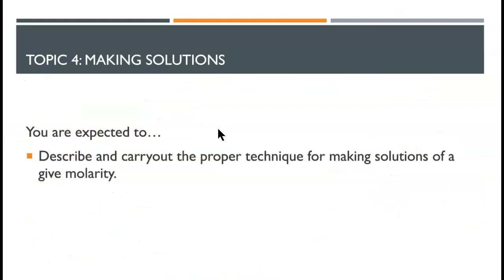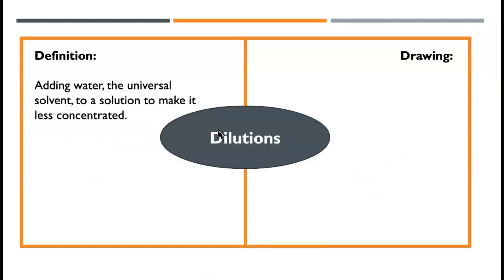All right, topic number 4, making solutions. Go ahead and pause to read what you were expected to do. It says adding water, the universal solvent, to a solution to make it less concentrated. That's what a dilution is, basically just adding more water.